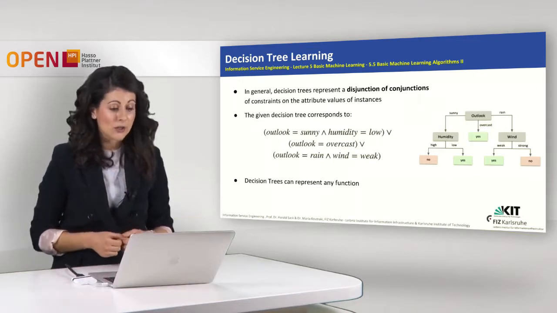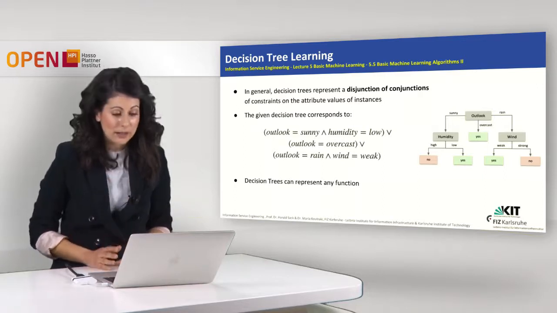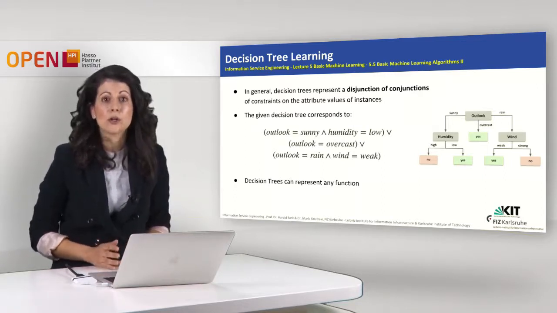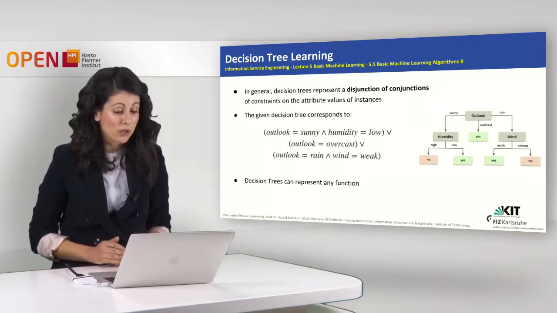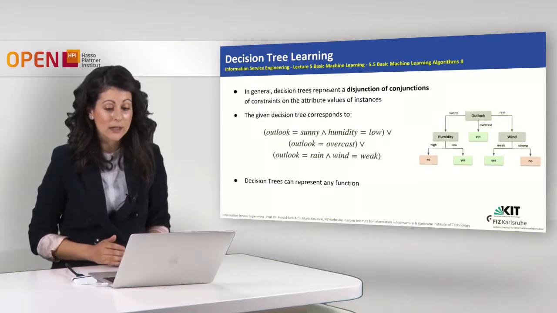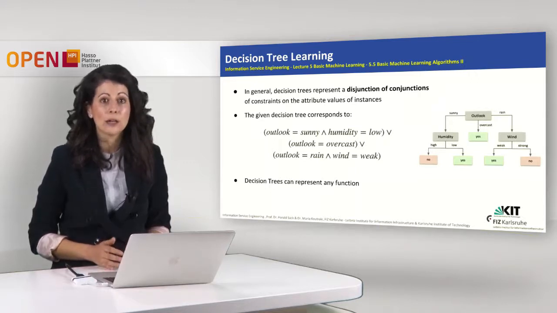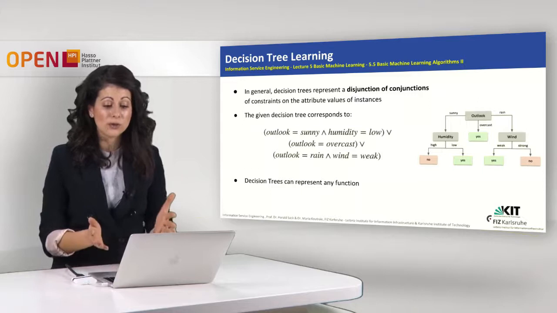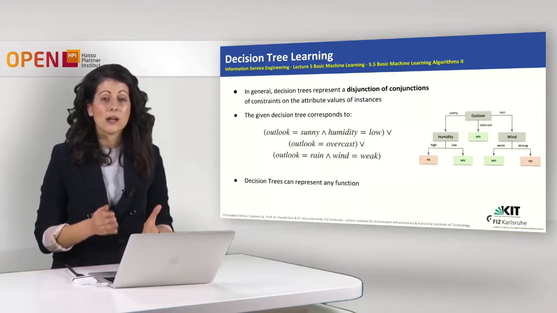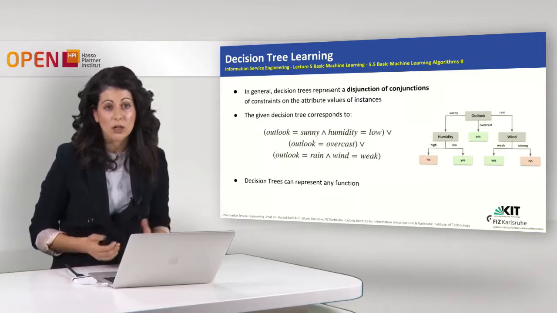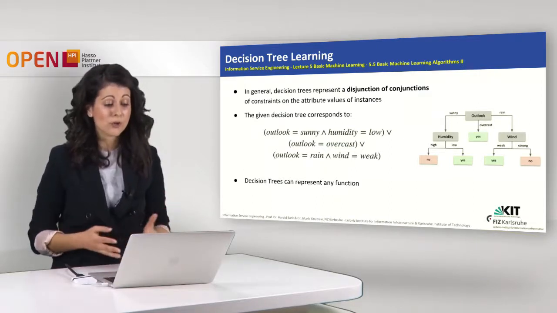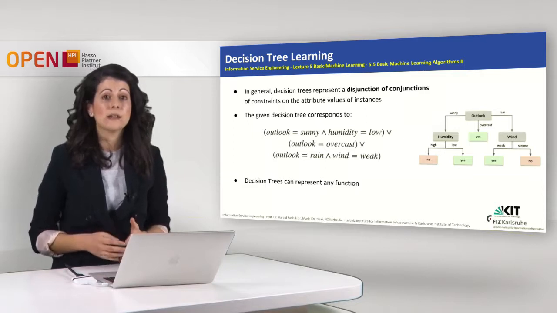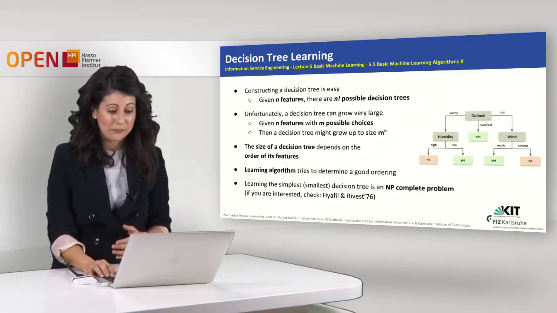The decision tree corresponds to outlook equals sunny and humidity equals low, or outlook equals overcast, or outlook equals rain and wind equals weak. Those are the cases in which the decision tree gives us the answer yes to the original question, or the original attribute we wanted to predict. Because of this, decision trees can represent any function.